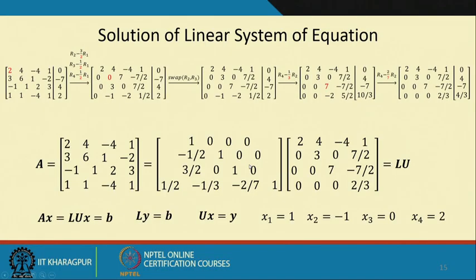Gauss elimination uses row exchange and pivoting operations, but in LU decomposition you obtain this pivoting through a decomposition or factorization procedure. So, there is a connection between these two methods.